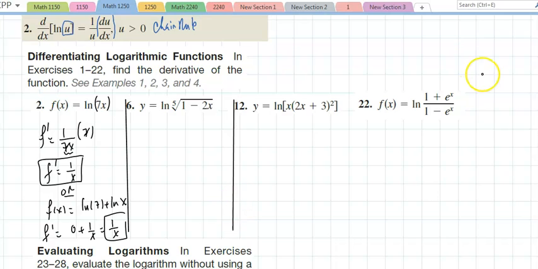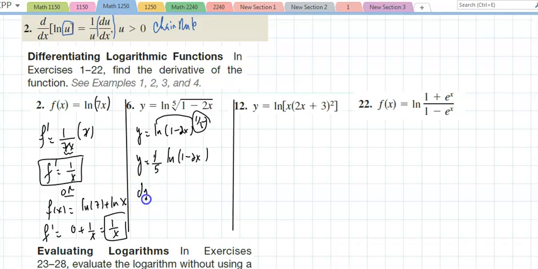For number 6, for example, if I could write this as natural log of (1 minus 2x) raised to the 1/5, then I know by the third law of logs, I could move that up front and say y is 1 over 5, the natural log of 1 minus 2x.